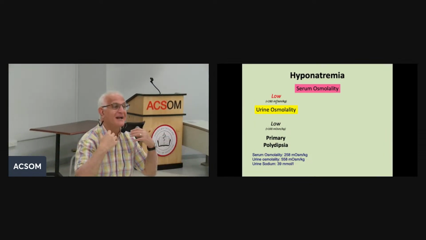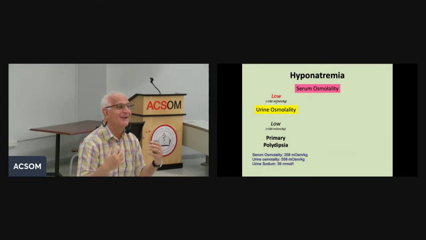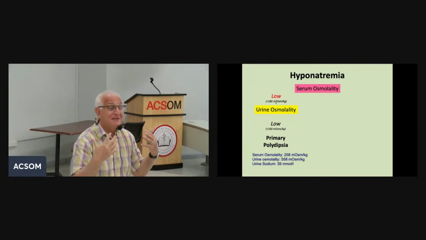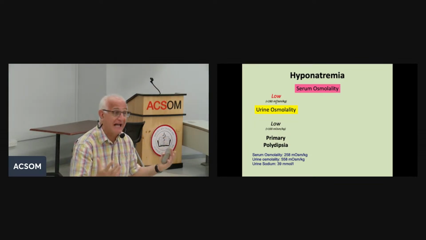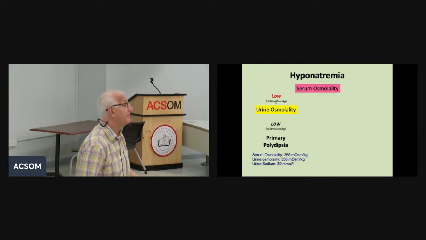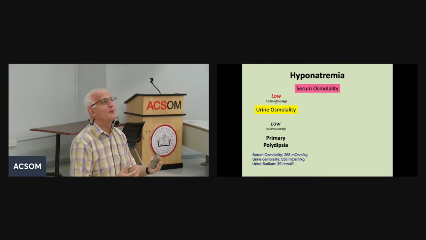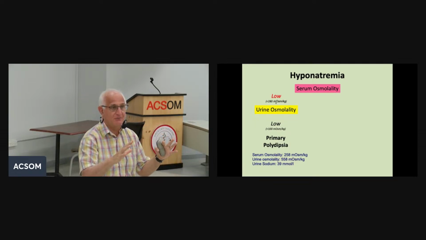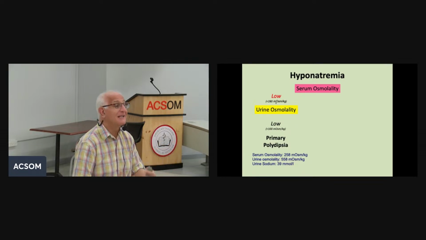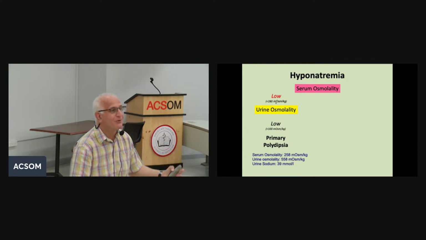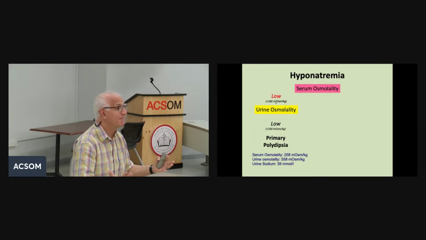All they intake is water, is alcohol, right? And they get hyponatremia. A classic feature of alcoholism is hyponatremia. I'm not exaggerating, but it is almost unheard of for an alcoholic not to have hyponatremia to some degree, not necessarily severe, right?